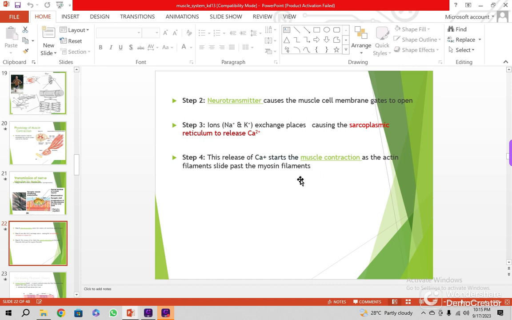By this, the myosin filaments and actin filaments slide over each other. Myosin has two heads. It grasps the actin just like a scissor, and then they slide over each other. This is how the myofibril will contract.